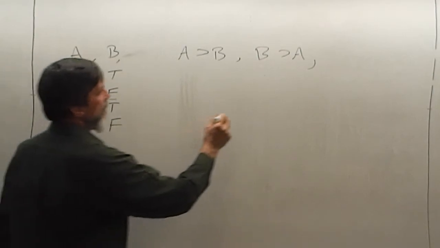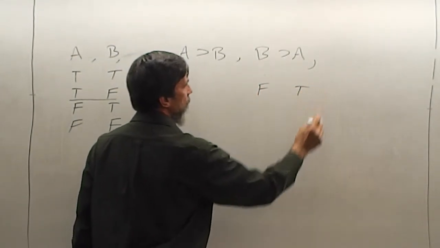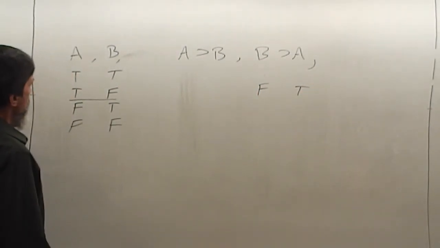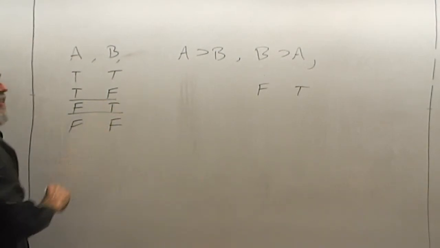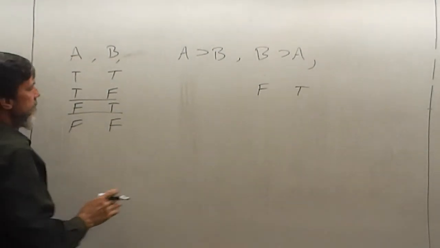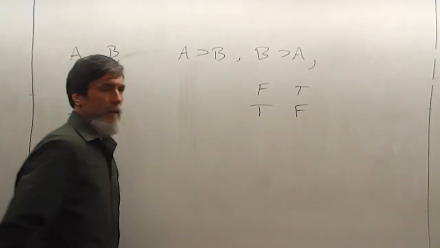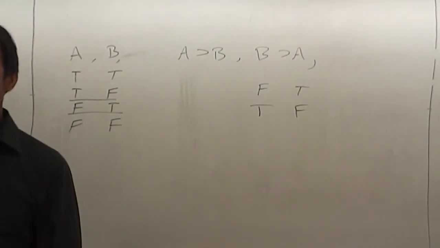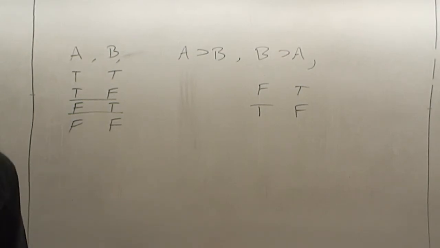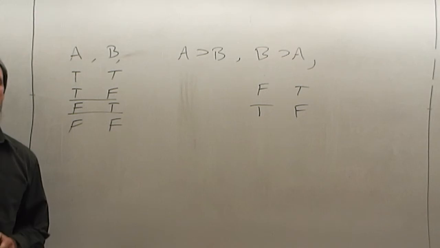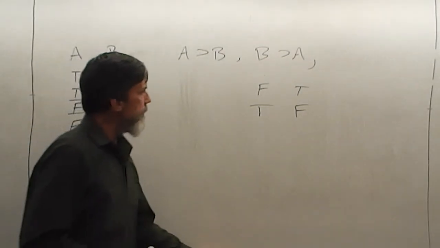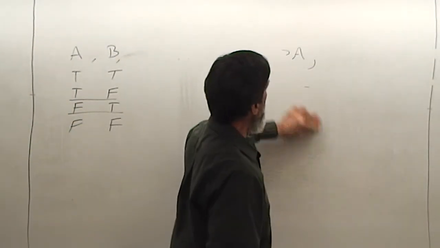Because this says B is false and A is true. That's not a false horseshoe. This is when that horseshoe is false. Confused? Good, you should be. Because his method is hinky. It's not good. So we'll do it this way, the way we're doing it in class.